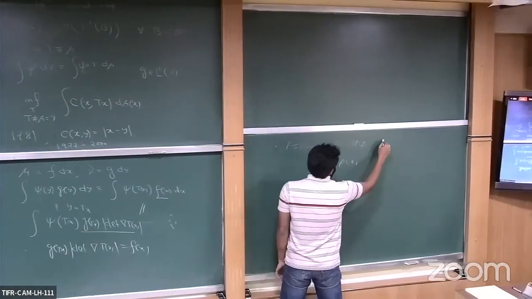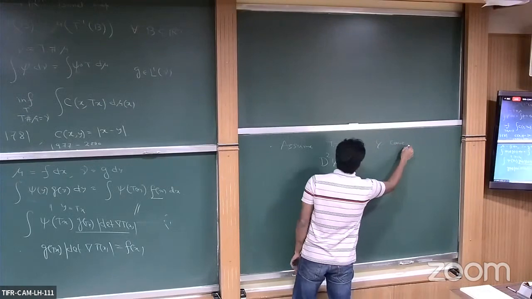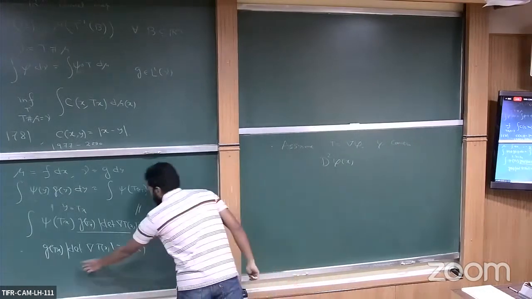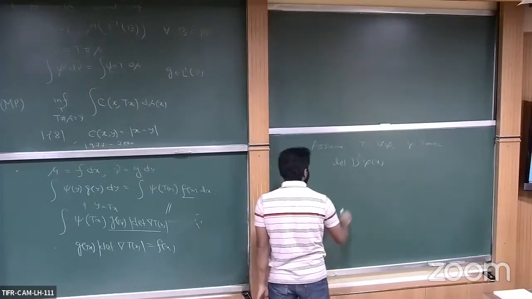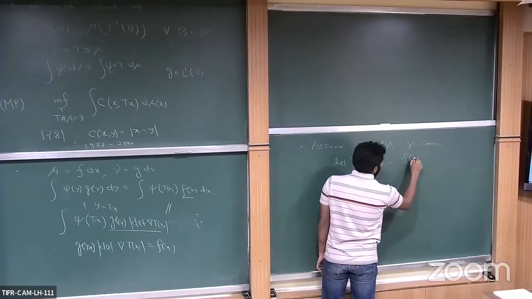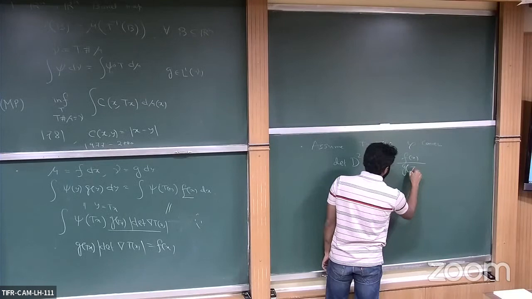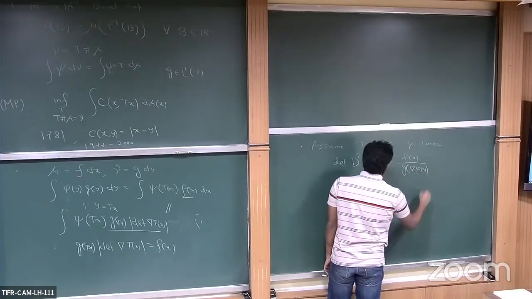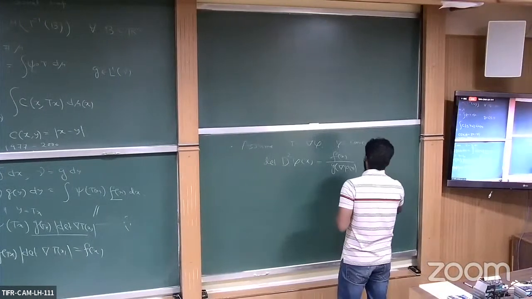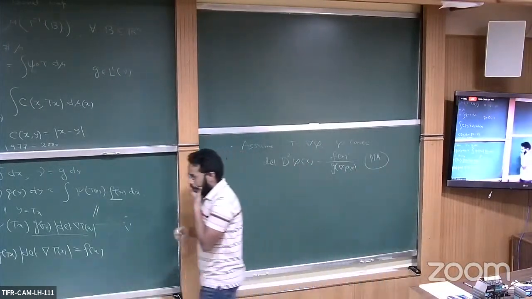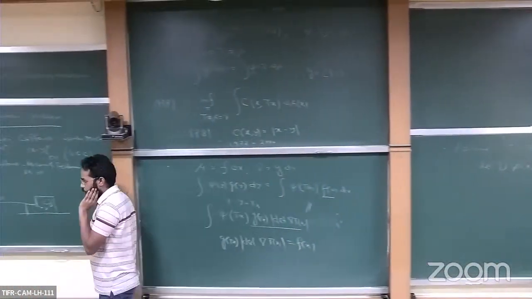Now phi is convex, so this has a sign, it is non-negative. So we can just remove the modulus and you get the Monge-Ampere equation, which Connor will discuss in more detail.